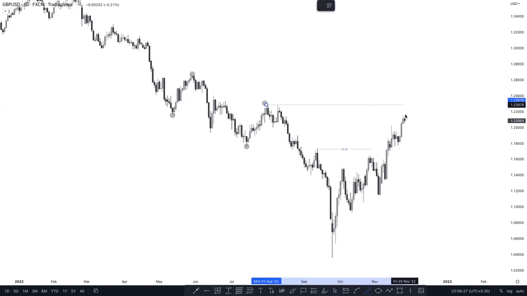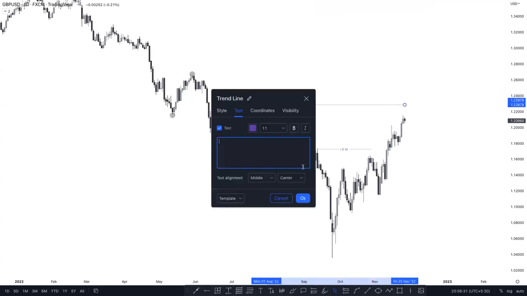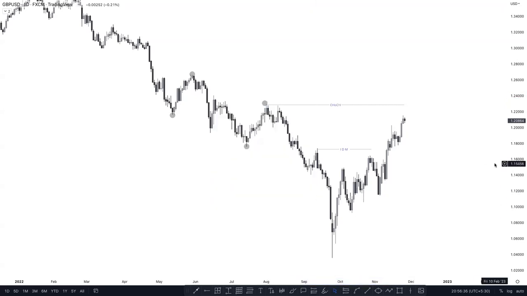Once the market breaks this one and closes above it, this one acts like a change of character, and we can buy once the market closes above, and then we can buy for the longer term as per the daily time frame structure.